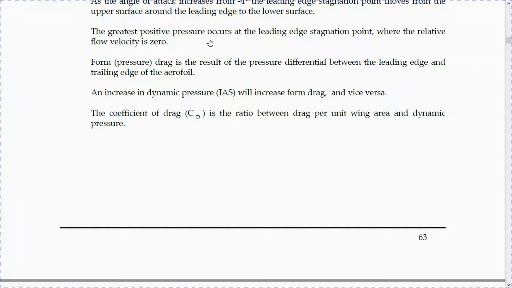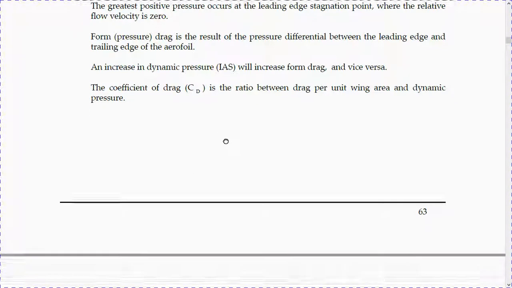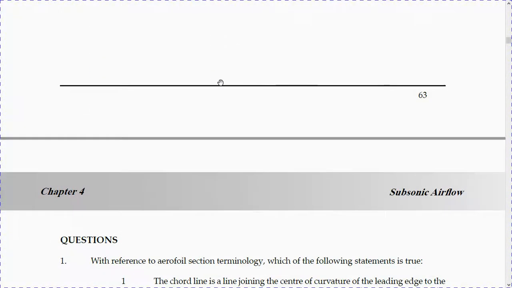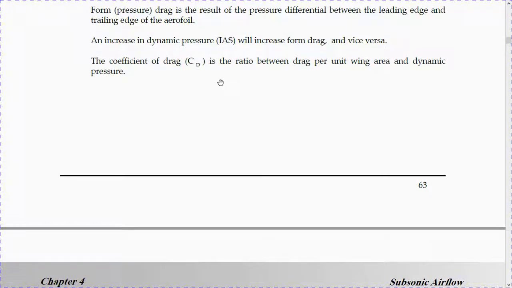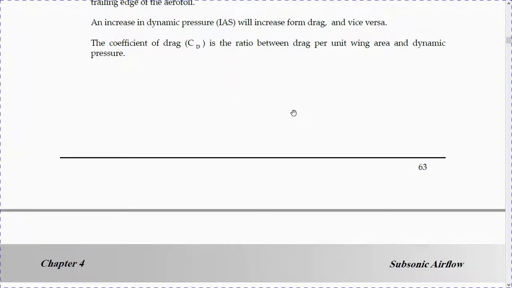An increase in dynamic pressure, indicated airspeed, will increase form drag and vice versa. The coefficient of drag, CD, is the ratio between drag divided by unit wing area and dynamic pressure, same as coefficient of lift. And this ends chapter 4, subsonic airflow.